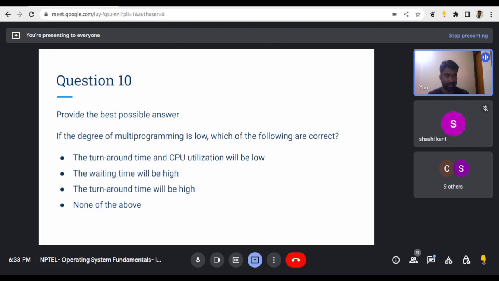The processes are scheduled by the short-term scheduler from the ready queue, and by the long-term scheduler from the job queue, if you remember. Anyway, the degree of multiprogramming refers to how many processes are present in the ready queue. So if that is low, what happens?